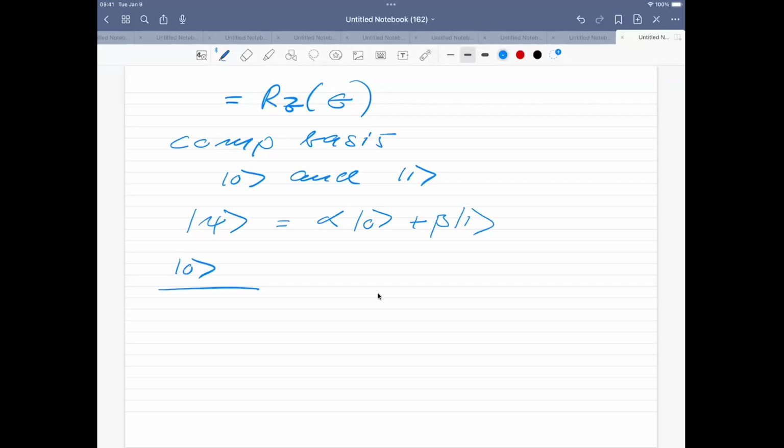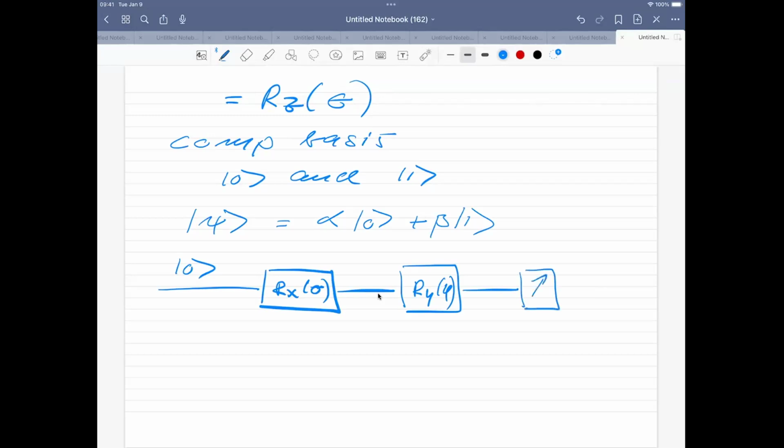So what I would do then is to perform an Rx with an angle theta, but then I could do a new gate, an Ry, with an angle phi. And then at the end, I'm going to perform a measurement here. So I just mark it like that, and this will give me something.